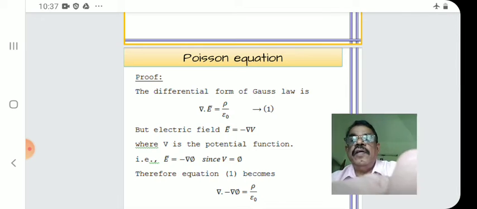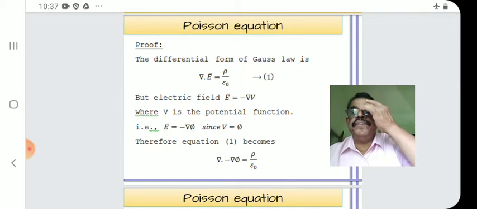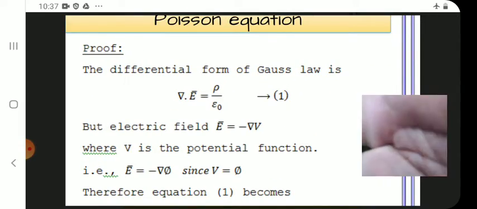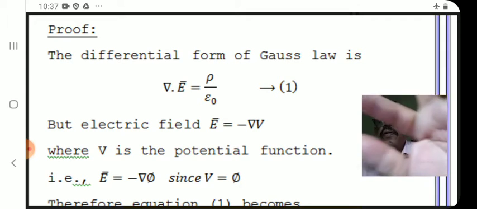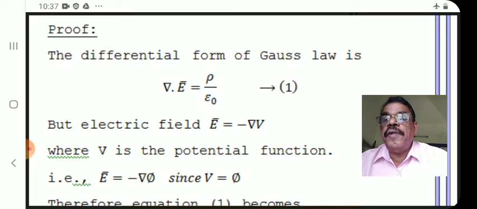And now we see its proof, derivation. For that we start with the differential form of Gauss law, the Maxwell's first field equation. Differential form of Gauss law: del dot E is rho by epsilon 0. There is no minus here. This is equation 1.